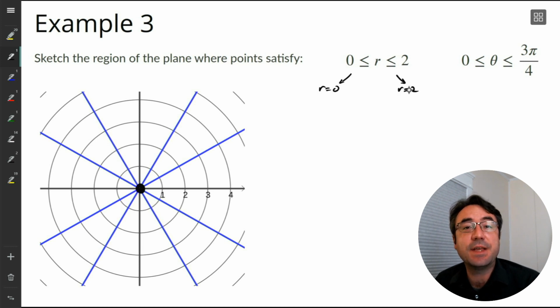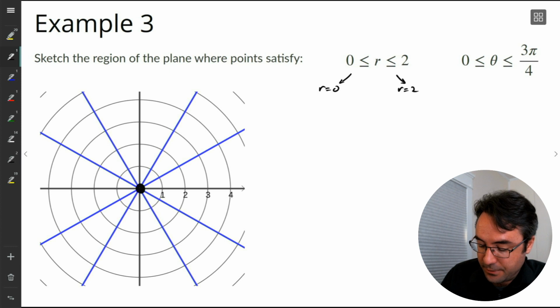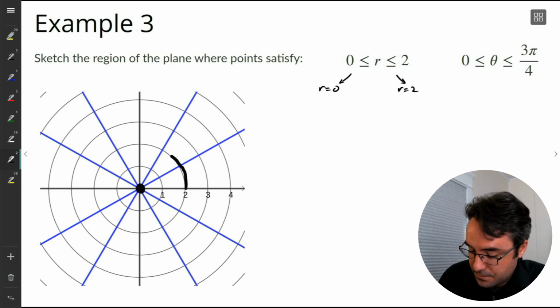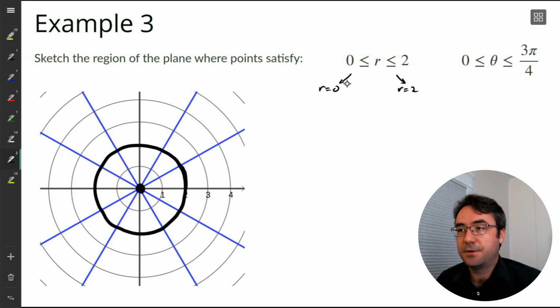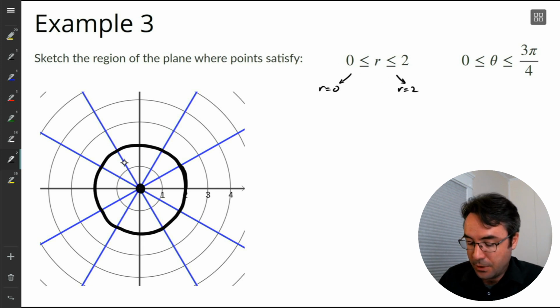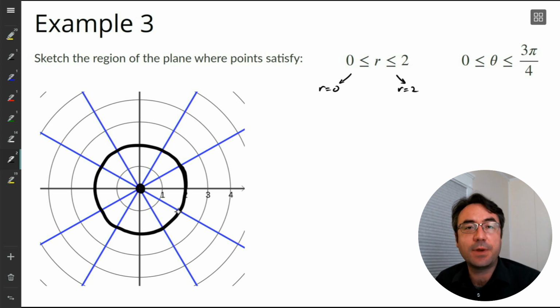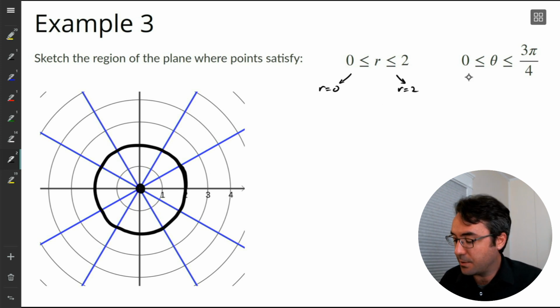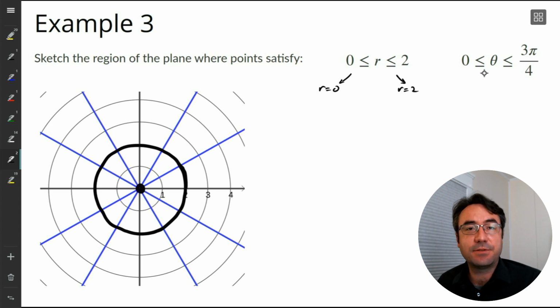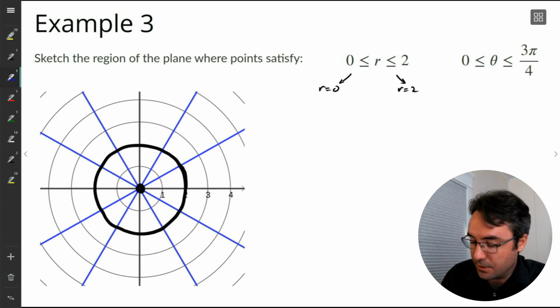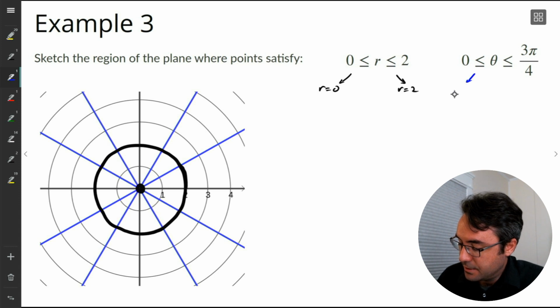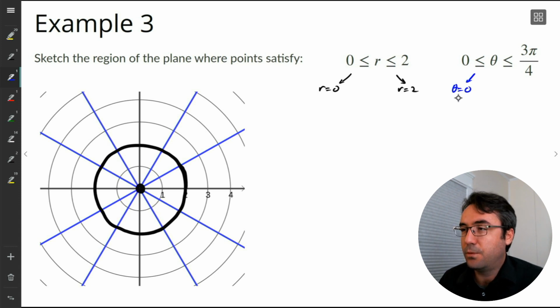What does that look like? Well, we graphed that. It was a circle of radius 2. All right, so that's what this inequality describes. So if it was just this inequality, we would just shade this in, and that would be our region. But we have this other requirement that our theta values have to meet. And so let's look at the endpoints over here. So theta equals 0. What does that equation look like?